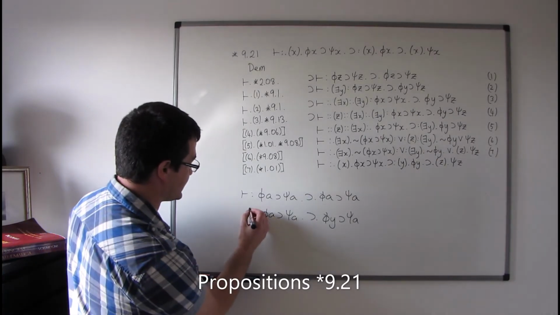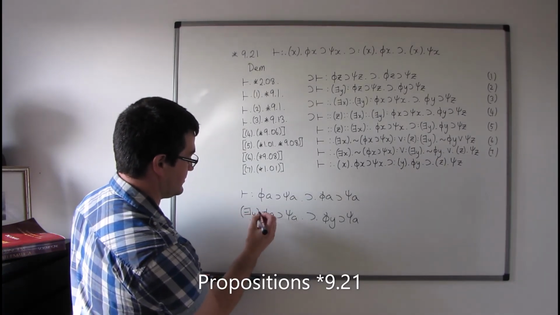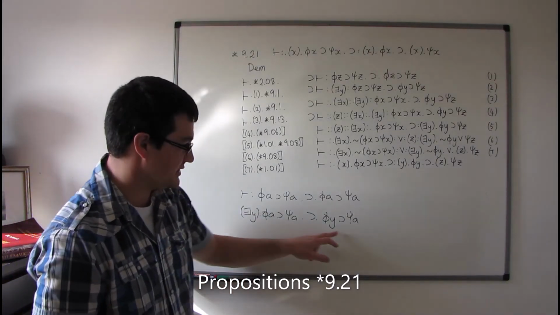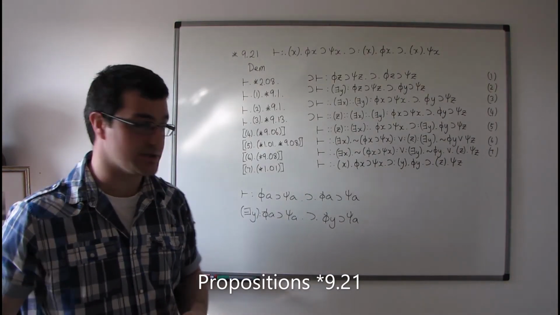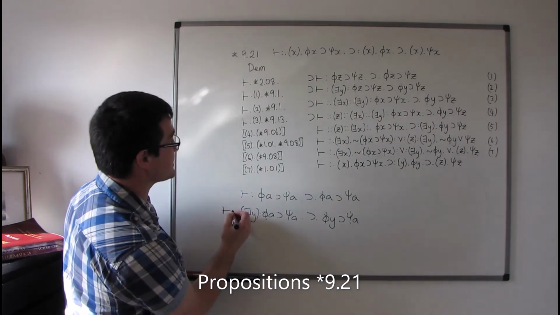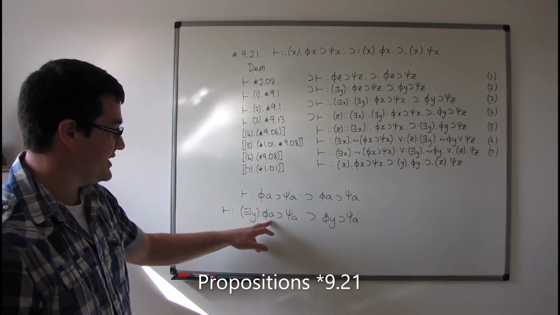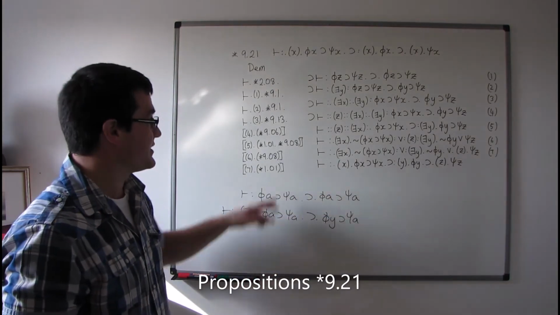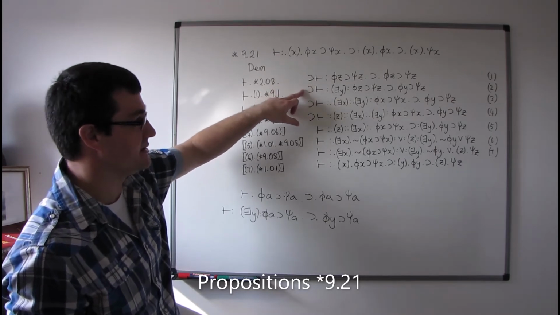So therefore I can say, there exists a y such that this holds. Okay? And that y happens to be when y is equal to a. So that means that I get this assertion, which is the second line here. Now, okay, I changed the z's to a's, but I didn't actually need to do that. So that explains, I hope, the transition from the first line to the second line.